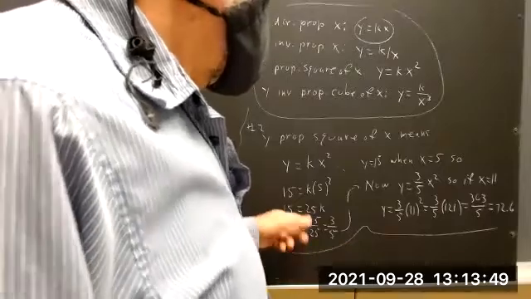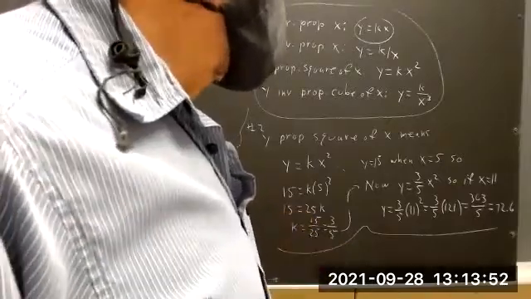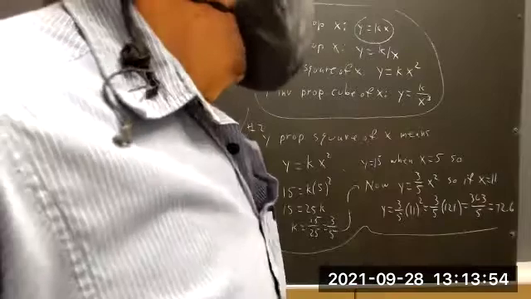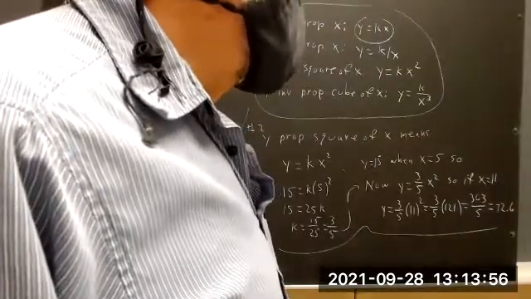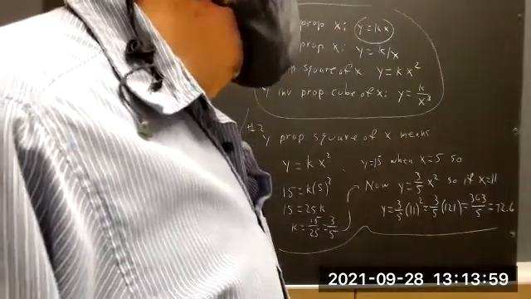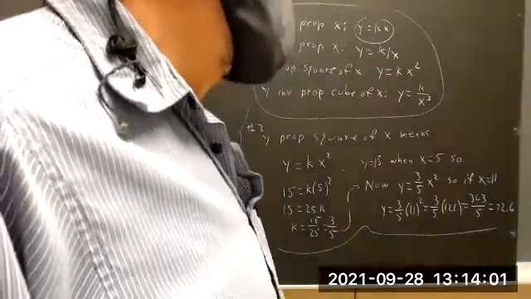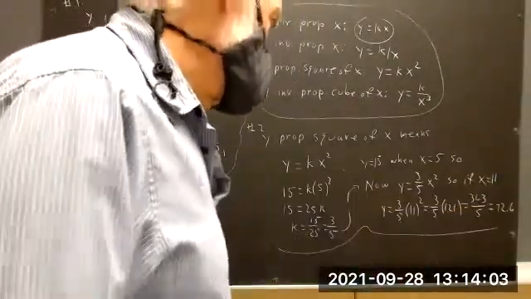This is squared: 3/5 of 11 squared, 3/5 of 121, 72.6. So that's right. Okay.